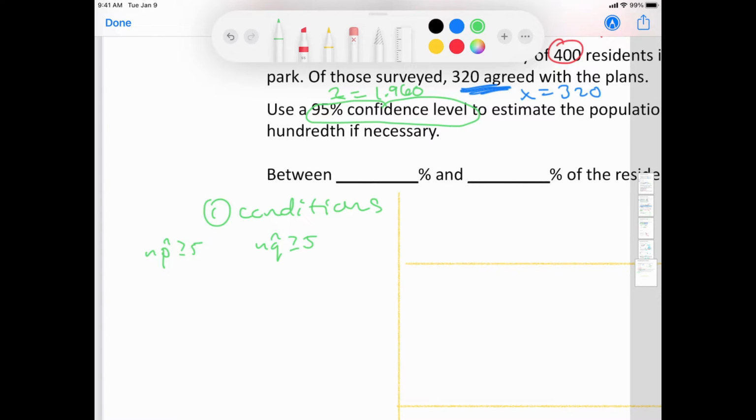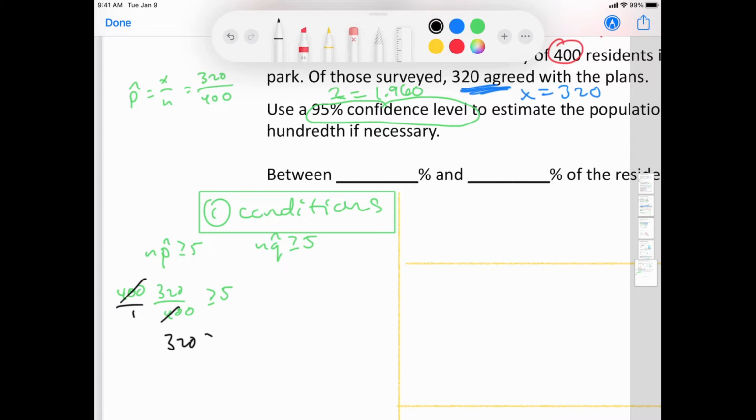In order to get p hat, p hat is equal to x divided by n, so that would be 320 divided by 400. Our n value is 400. If you simplify this, you'll notice that these will cancel and you're left with 320 is greater than or equal to 5, which is good.